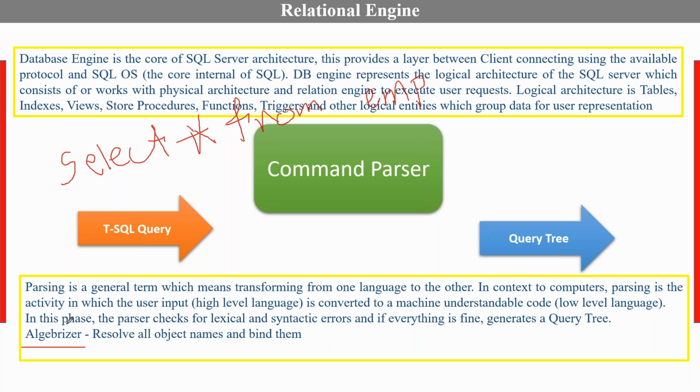That binding we technically call a query tree. So whatever statement you pass, it will first check the syntax error, then bind, and prepare the query tree from high level language to low level language. Got you, online people?